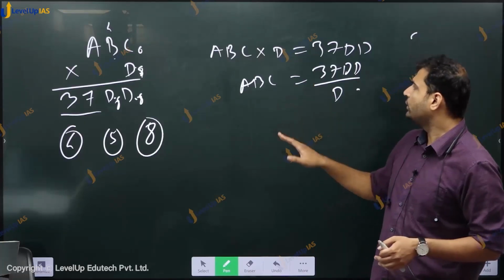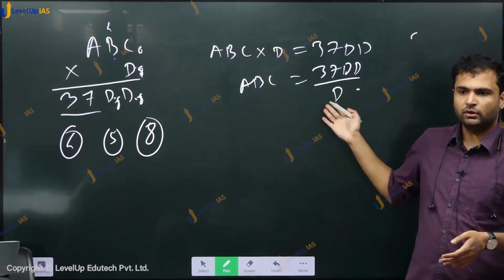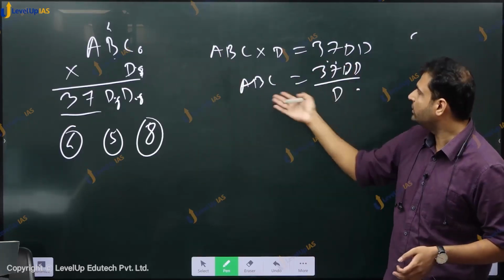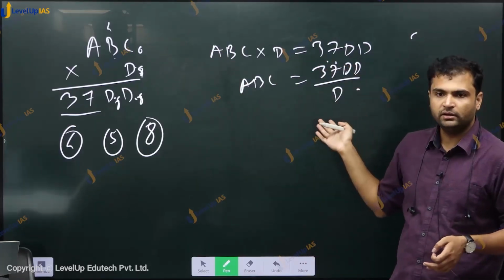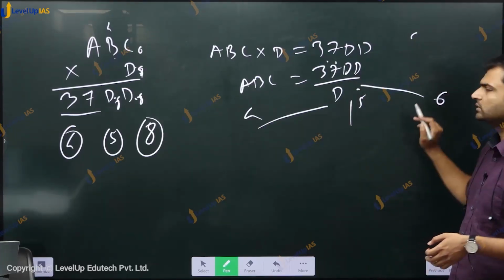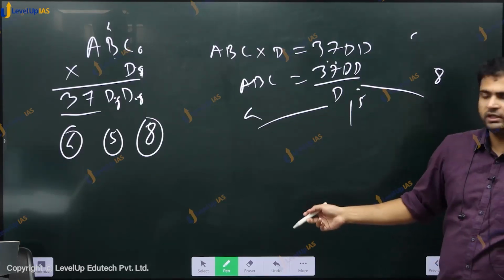And then what we do, we simply put value of D in this formula. ABC into D is 37DD. So ABC is equal to 37DD divided by D. We put D as 4, we put D as 5, we put D as 8. Only 3 possibilities are there.